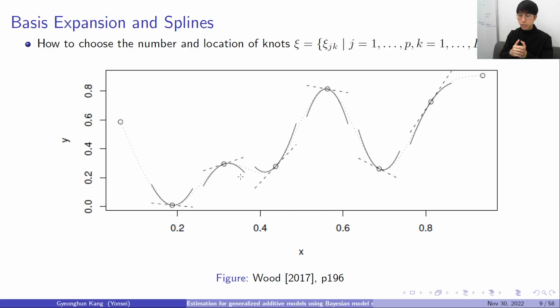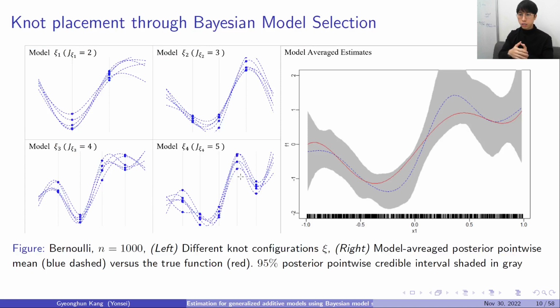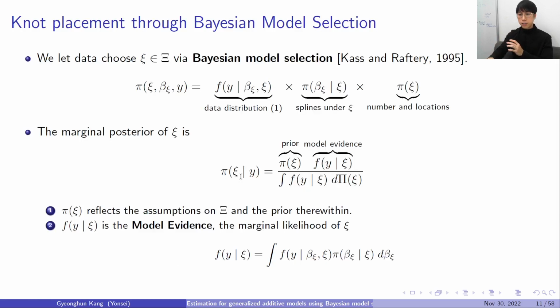What it means is that we're going to use Bayes rule to sample from the space of models. So we want to sample the knots that are deemed more appropriate with respect to the data, right? And in order to do that, we need a marginal posterior.